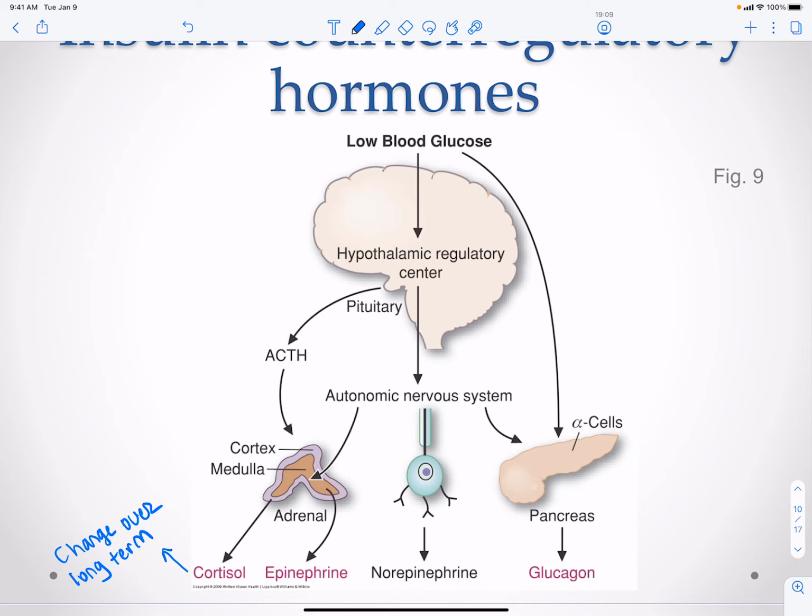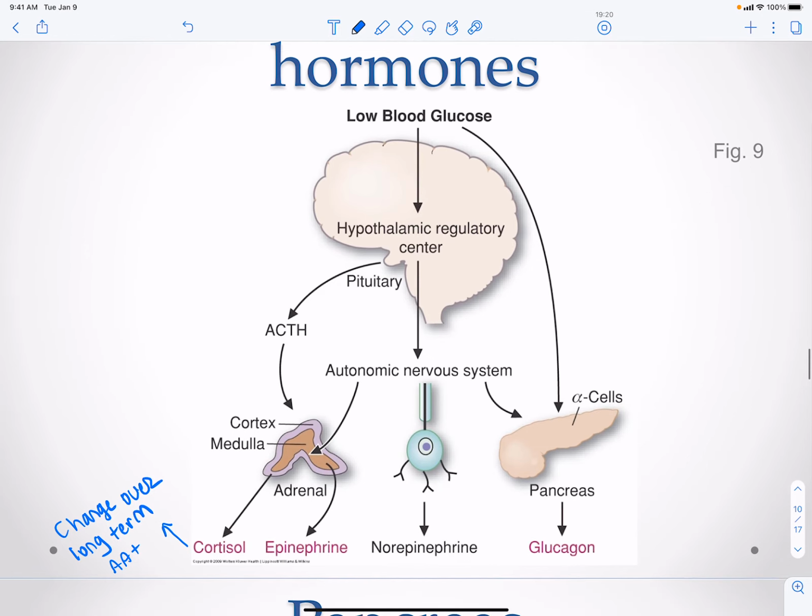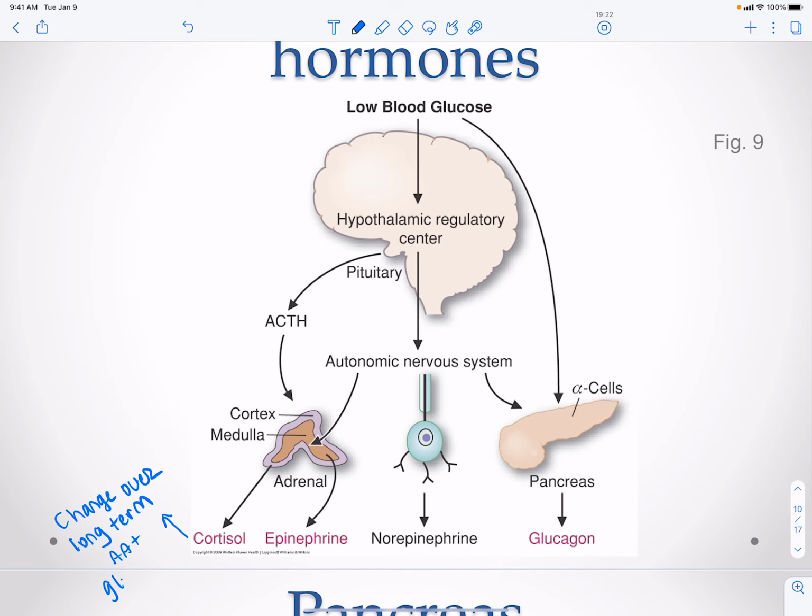And so this is going to stimulate amino acid mobilization. And so you're basically going to break down muscles for this. It's going to stimulate gluconeogenesis. And it's going to stimulate fatty acid release.